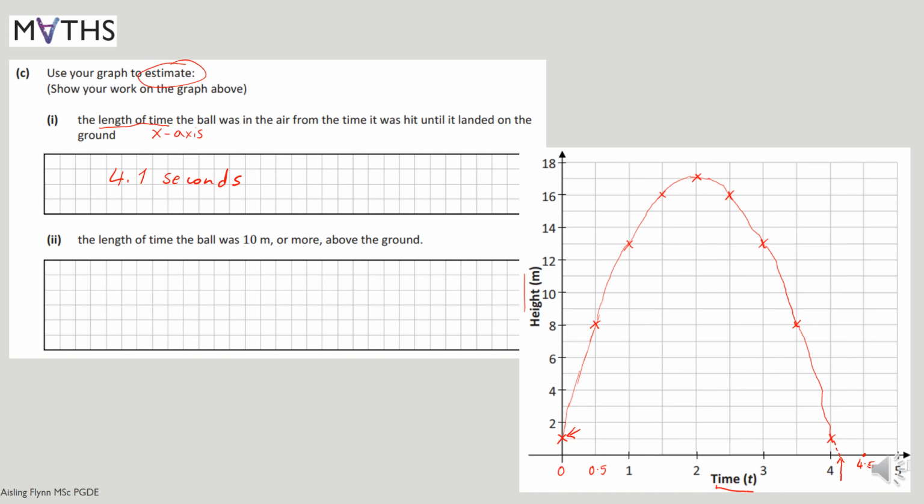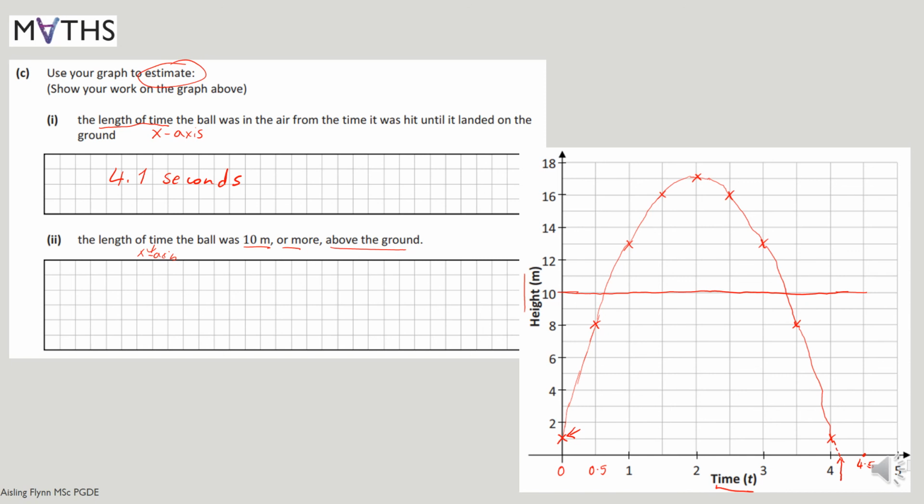Second part, the length of time the ball was 10 meters or more above ground. So we're looking for length of time, that's from the x-axis. So 10 meters is a height. We find it here. I'm drawing a horizontal line.